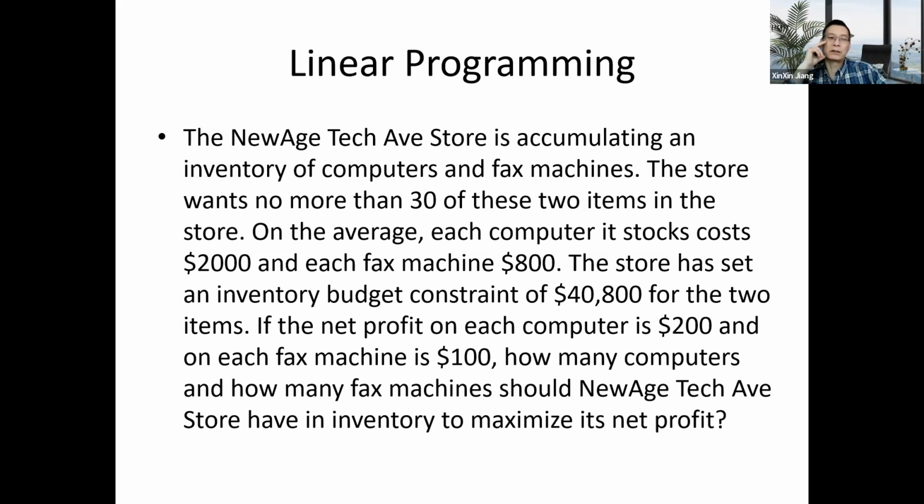The store has set an inventory budget constraint of $40,800 for the two items. If the net profit on each computer is $200 and on each fax machine is $100, how many computers and how many fax machines should New Age Tech App Store have in the inventory to maximize its net profit?